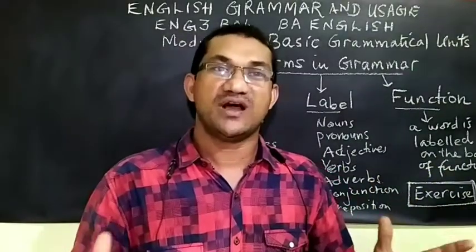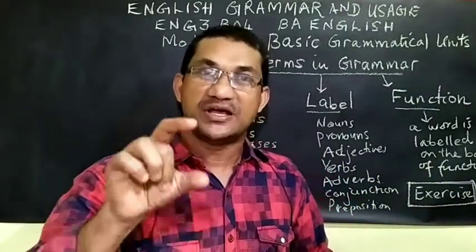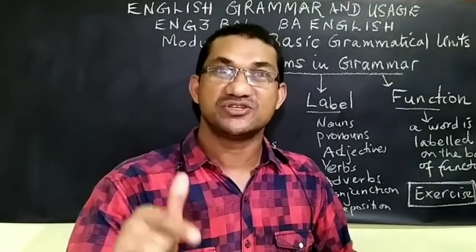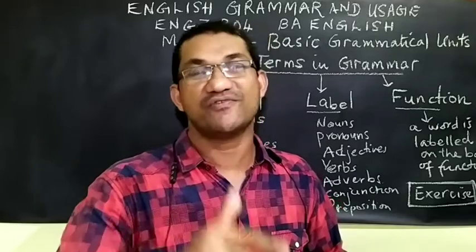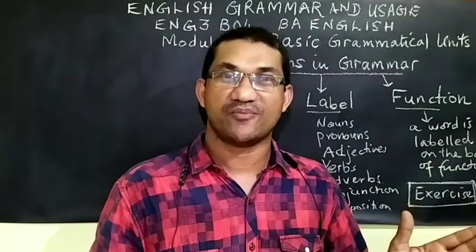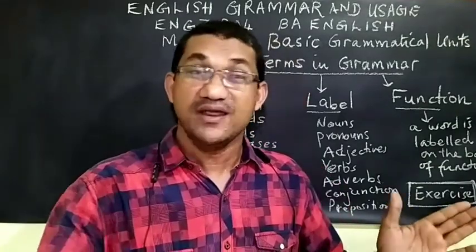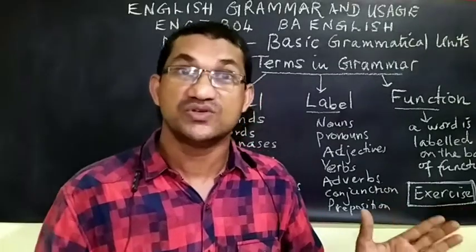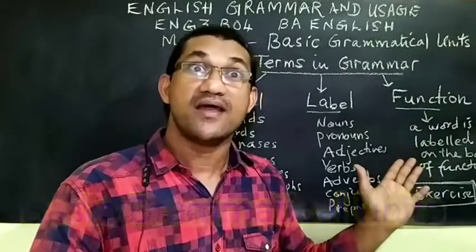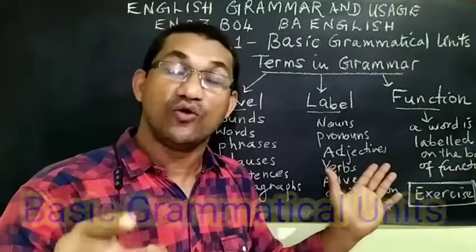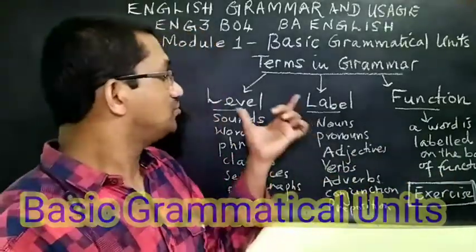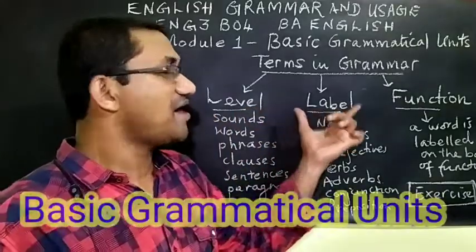So this is all what we have to understand from the first introductory chapter from the course book prescribed for the third semester students of English BA Main of University of Calicut, and we have studied almost all the important concepts from the chapter, and this is of course helpful for anybody who wishes to learn the English language. We know that the English language is having a number of units, and all the basic grammatical units can be categorized into 3: level, label and function.